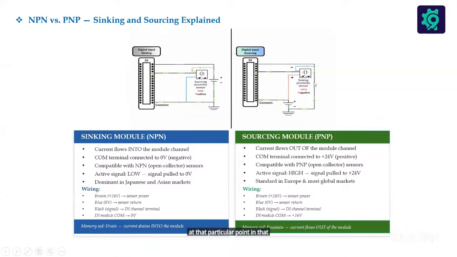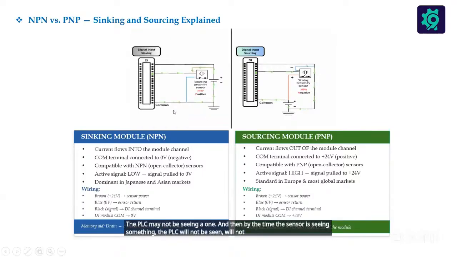Or in the case of the NPN, you see that because the positive signal is flowing from outside into the PLC, it will be such that at this particular point the PLC may not be seeing a one, and then by the time the sensor is sensing something, the PLC will not be seeing zero.